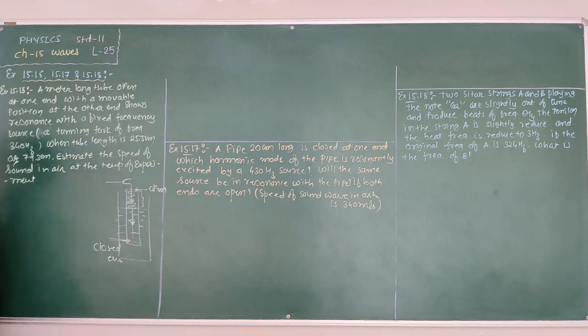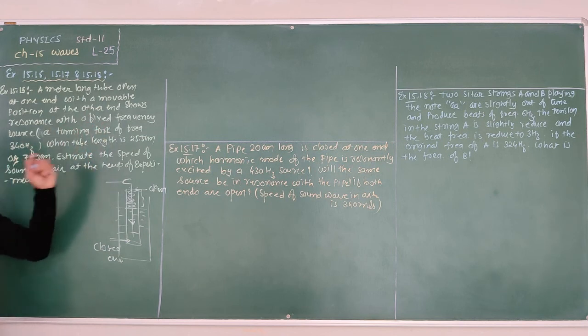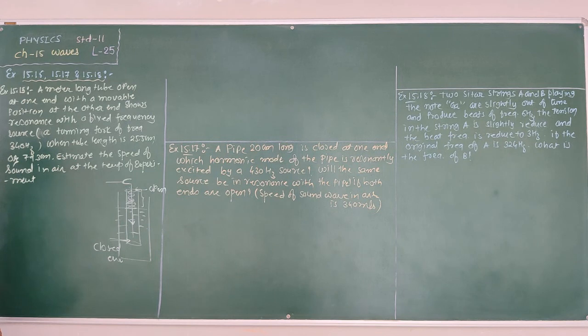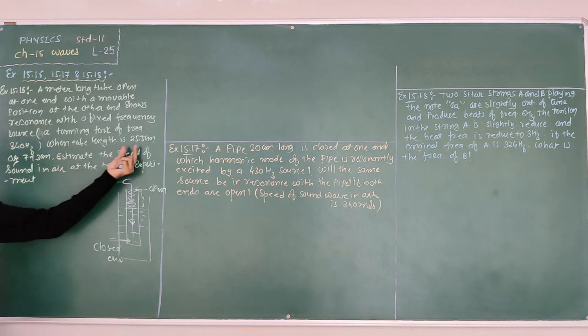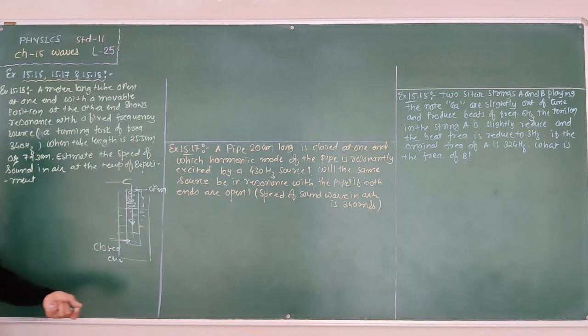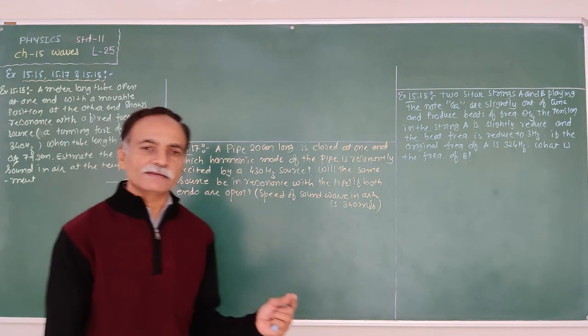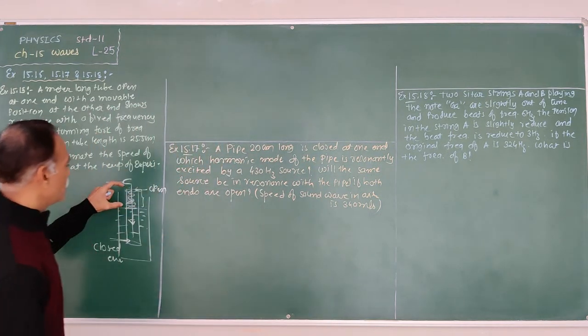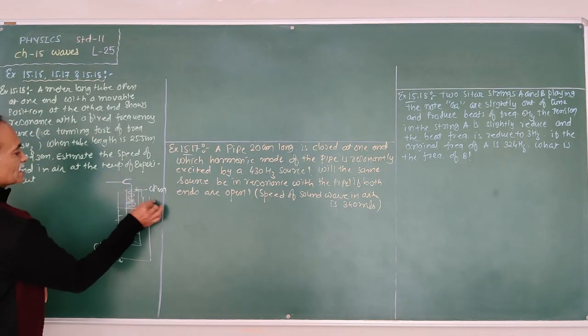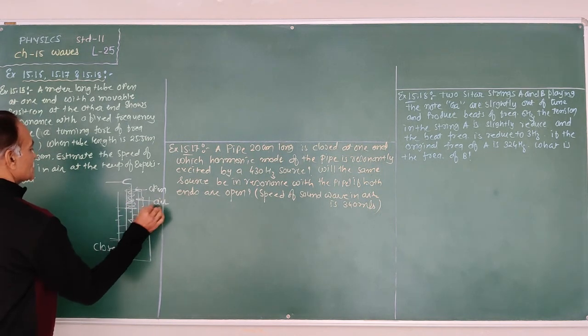Here this type of resonance we obtain with a frequency of the fork of 340 Hz at two different lengths of the air column. First is obtained at 25.5 centimeter and second at 79.3 centimeter length of the air column. Here the air is present, so that is known as the air column.